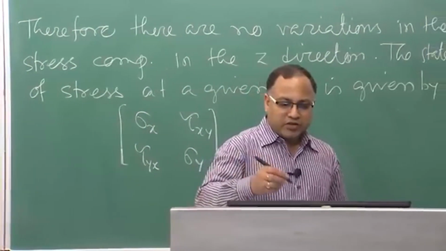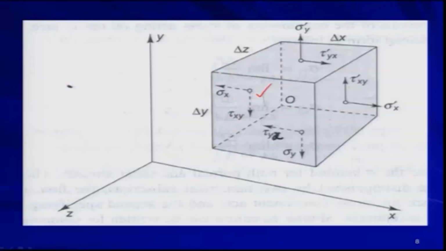Only the stress on the x planes, this is your negative x plane and this is your positive x plane, and similarly the negative y plane and positive y plane, have stress components acting on them.